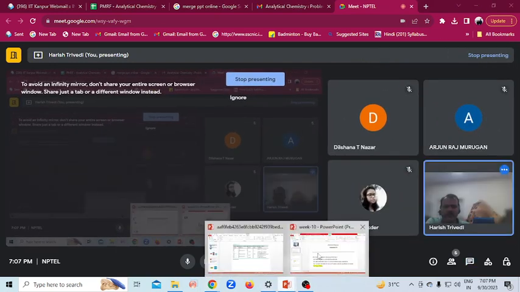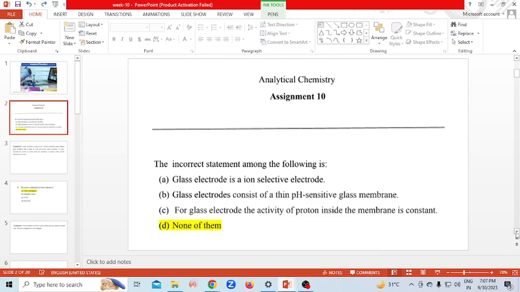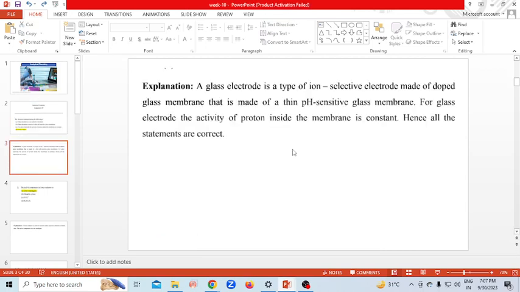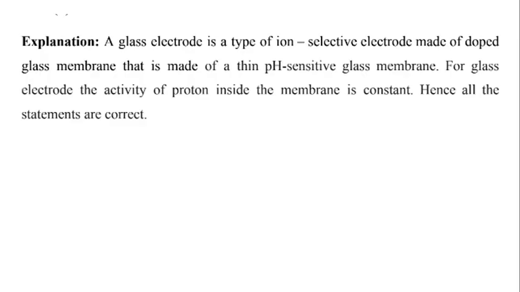So our second question is, yeah, it is written here. This is the explanation of this question. A glass electrode is a type of ion selective electrode made of doped glass membrane. This is not a simple glass membrane; it is doped by some metals. It is a doped glass membrane made of a thin pH sensitive glass membrane.